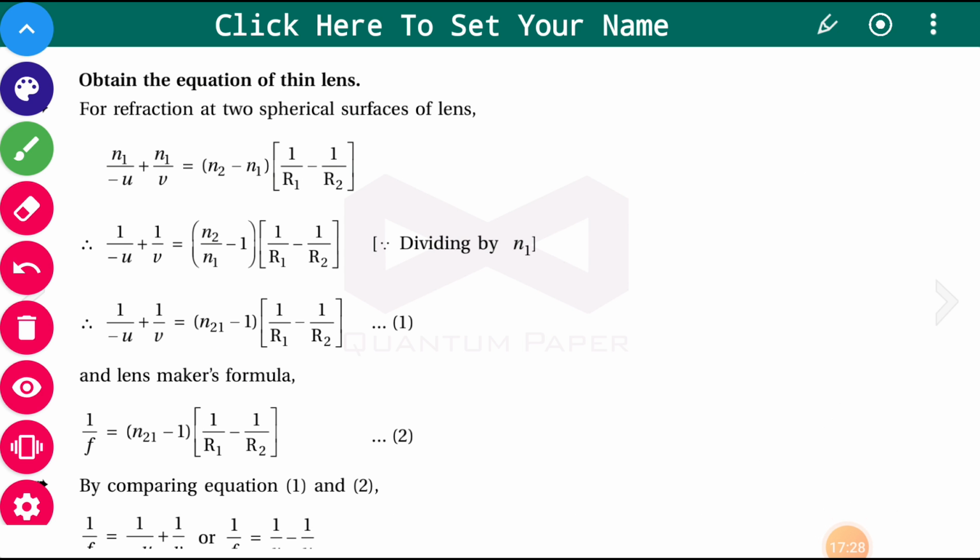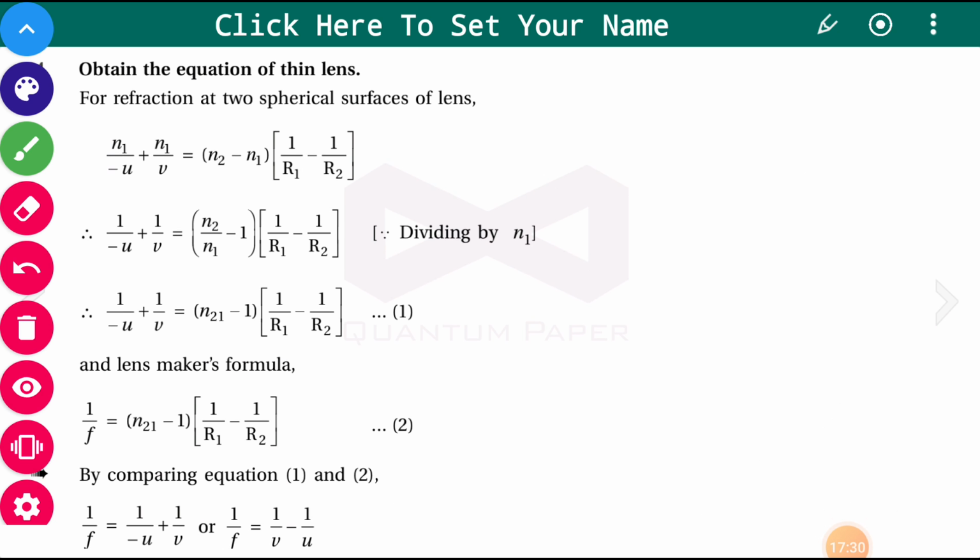Now equation for thin lens, the equation which we have derived last time is written here. Now we are taking the n1 common, and this n1 is taken in the denominator.